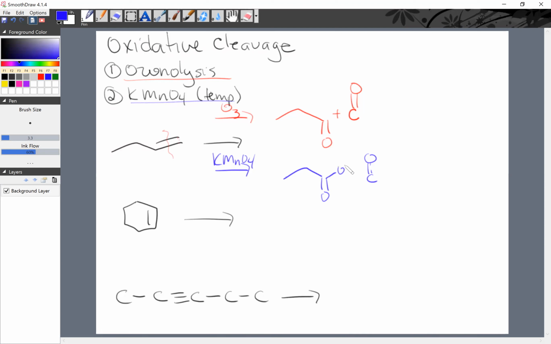And so this one would go to a carboxylic acid, and this one would go to a carboxylic acid. And that begs the question, should I take this one further to CO2? And generally we do not. Generally we only do that with the alkynes, but it could. Just for simplicity, I don't usually take the alkenes all the way to carbon dioxide. I only take the alkynes.